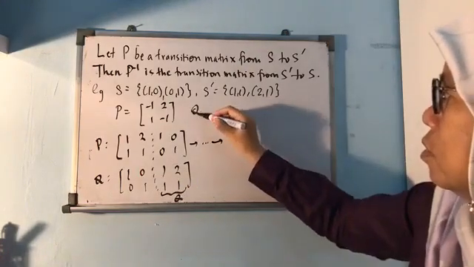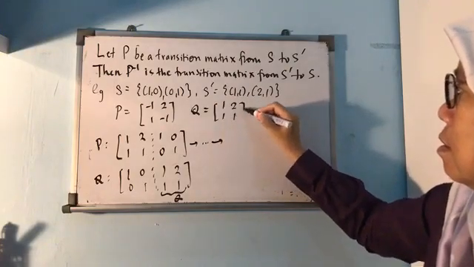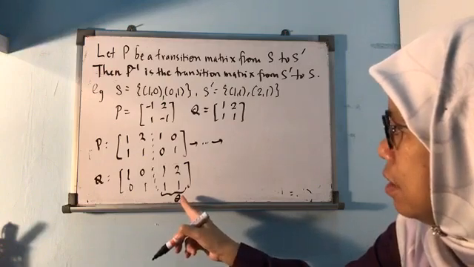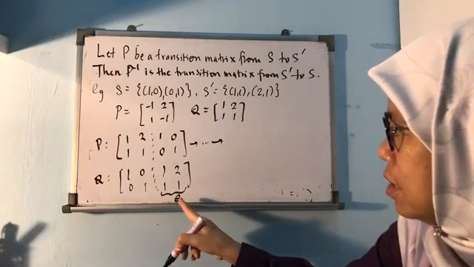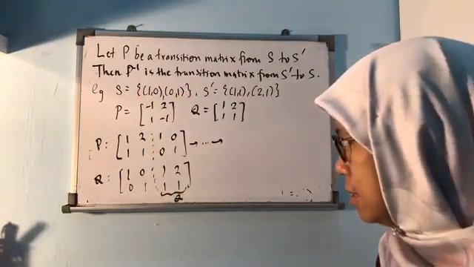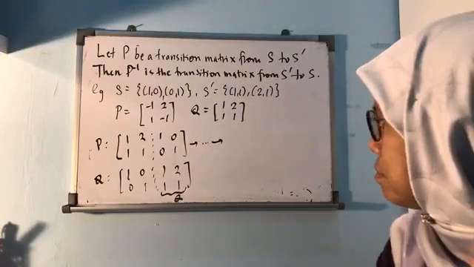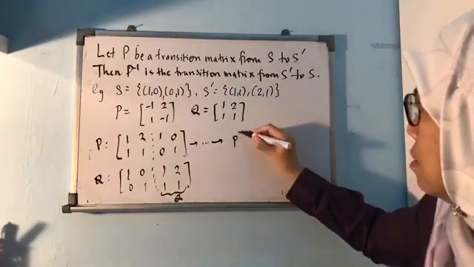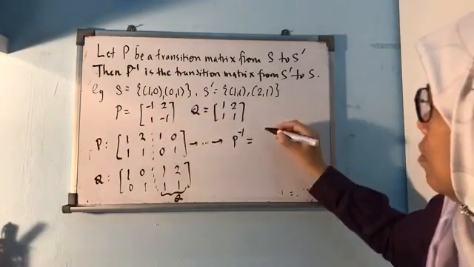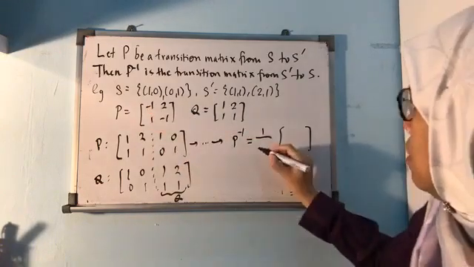Okay, so by using this, I get Q already. By definition, you can see this is easy because this is already the standard basis. But now I want to find P inverse. What is P inverse? Determinant is 1 over negative 1.